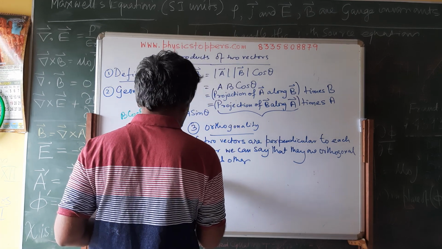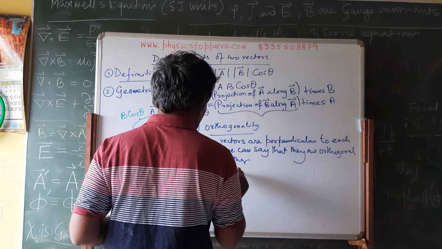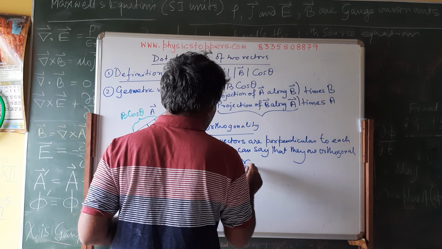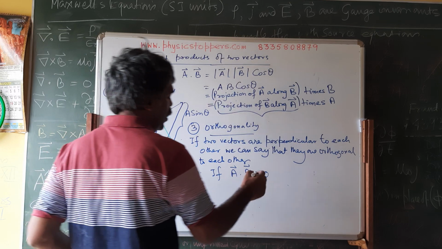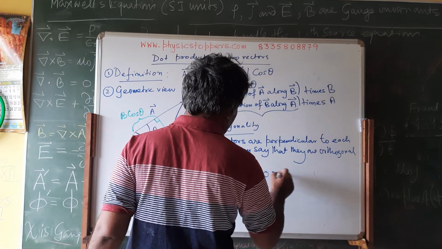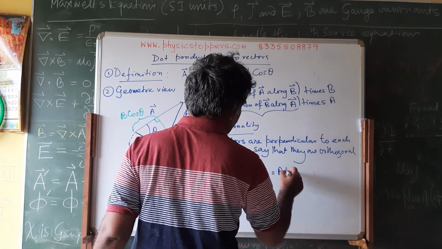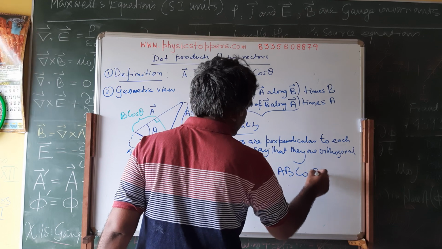Example, if A dot B is equal to 0, then see this, that is actually AB cosine theta.